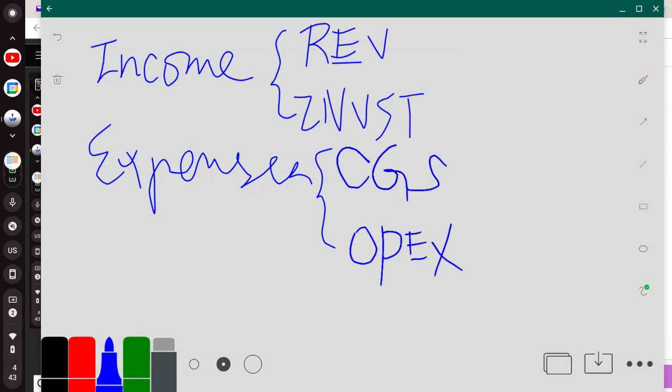In other words, the number, the dollar value we want to know here is the dollar value of the CGS, not the dollar value of the ending inventory, right? In other words, CGS is the conclusion of the direct cost section, right? CGS is the conclusion of the direct cost section, not the ending inventory. You understand?